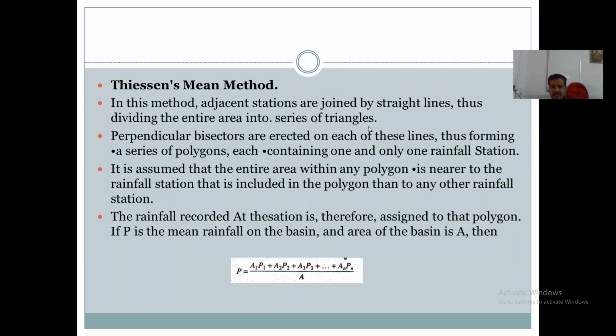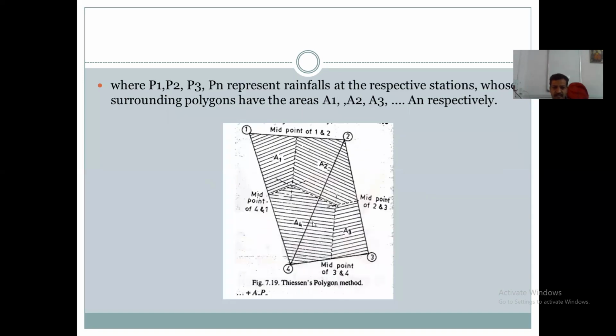The adjacent stations are joined by straight lines, and the entire area is divided into a series of triangles. The rain gauge stations are joined by straight lines.